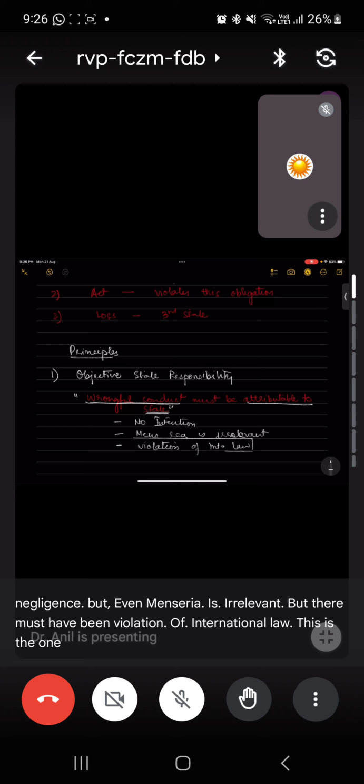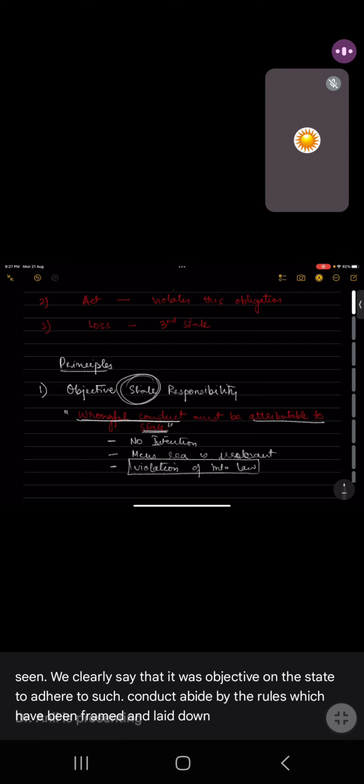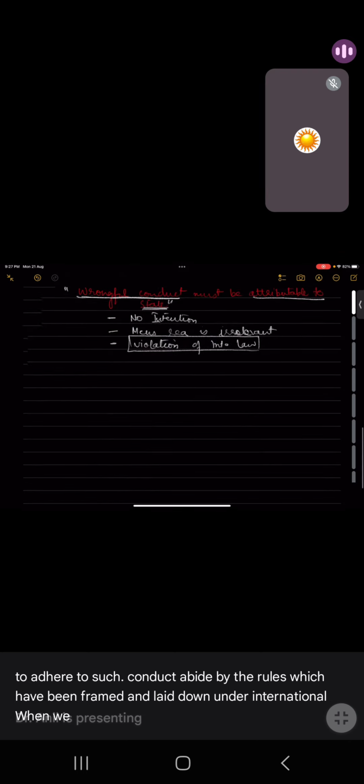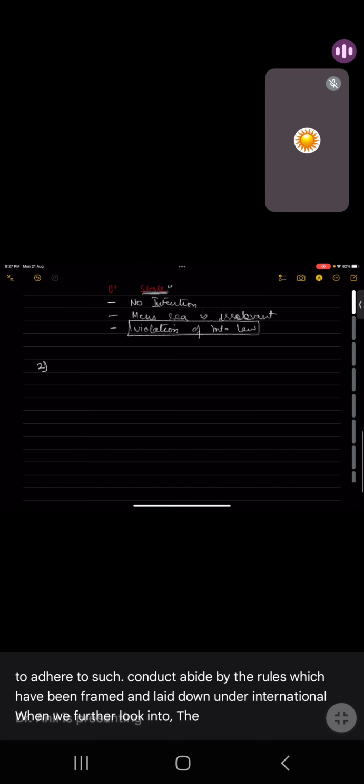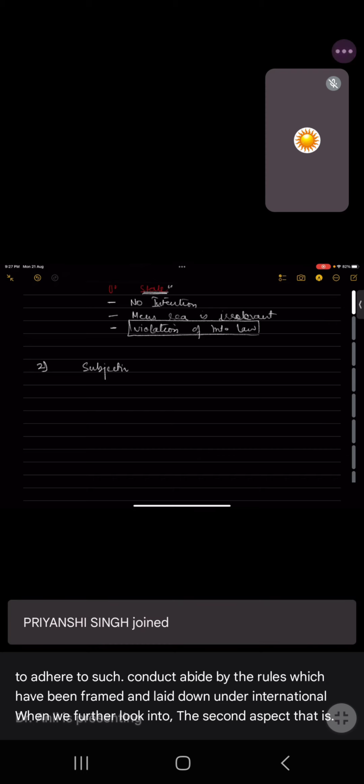This is the one which clearly concludes this understanding. When violation of international law is seen, we clearly say that it was objective on the state to adhere to such conduct and abide by the rules framed and laid down under international law. When we further look into the second aspect, that is subjective state responsibility.